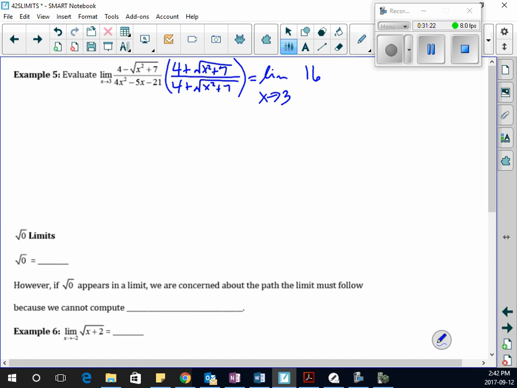So I get negative, what? x squared plus 7. I'm putting it in brackets so that you realize that the 7 is now negative, right? A negative times a positive gives me a negative. This whole thing was getting rid of the square roots, so it's this whole thing here, right?